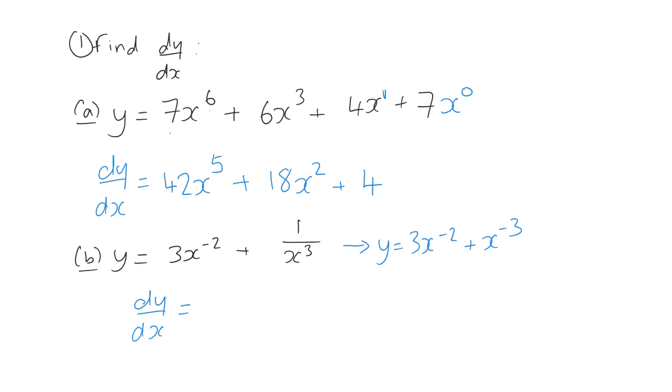So when we differentiate that, just be careful of your minuses, we'll get minus 6 x to the minus 3, x, take 1 away, minus 4. And this is a really common mistake people make in differentiation, that add 1 instead of taking 1 away. So it's minus 2 minus 1 to give you minus 3. Minus 3 minus 1 to give you minus 4.